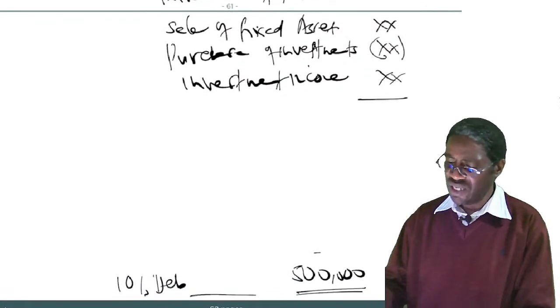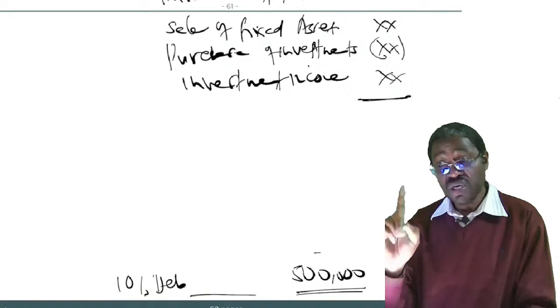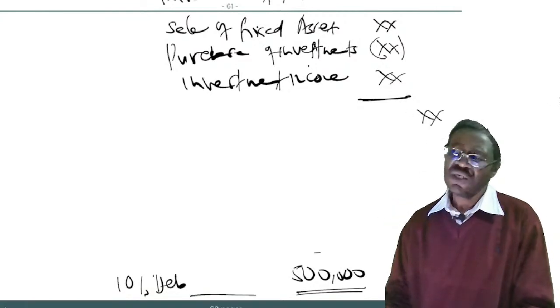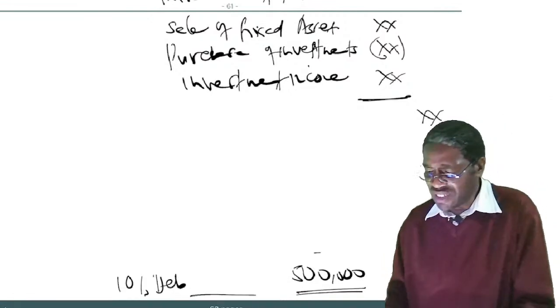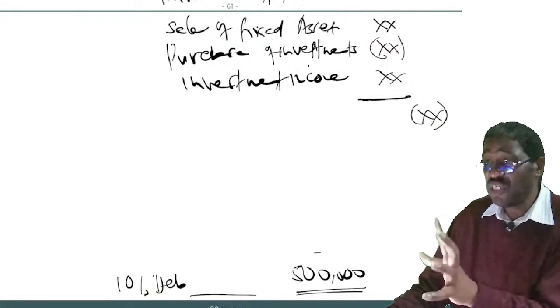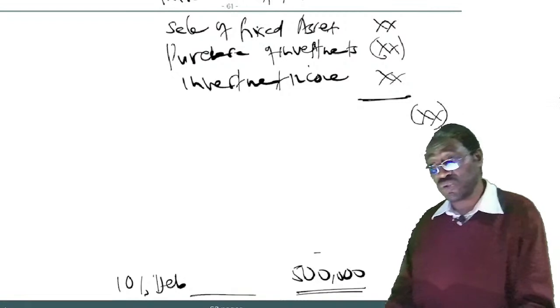Once I do that, I get the net of all of them. I told you, whatever is the net, push it to the extreme. For now, again, let us assume that we had a negative, that the positives were less than the negatives. In other words, the negatives were more than the positives.